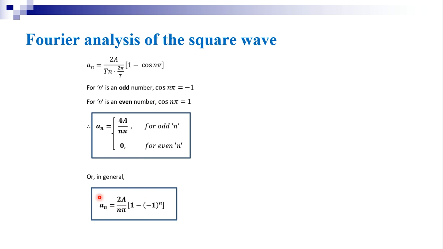This can be written in general as an is equal to 2A by n pi into 1 minus of minus 1 to the power n. If you put the values n equal to 1, 2, 3, etc., we will get the value of the Fourier coefficient an. Hence this is the expression for the Fourier coefficient an in the case of a square wave.